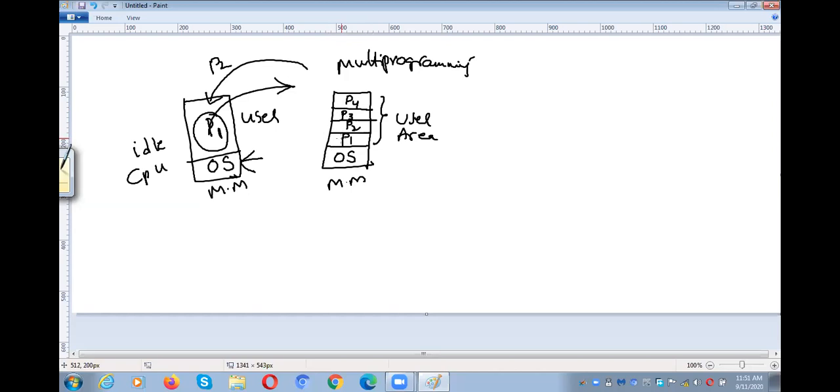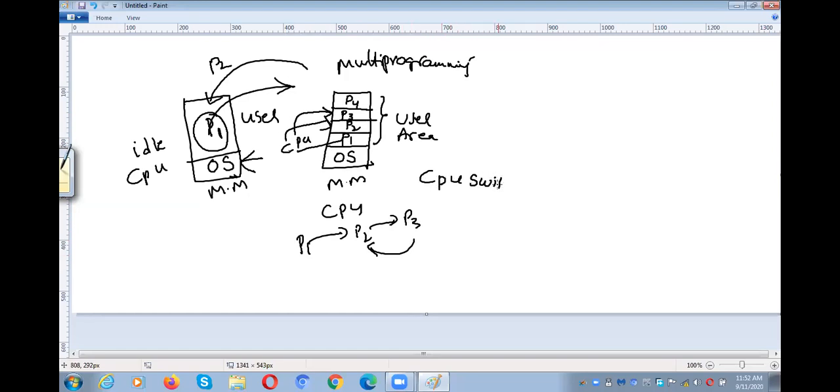If P1 is busy with the printer, CPU is allocated to P2. If P2 is busy with the disk, then CPU is allocated to P3. In that fashion, we switch the CPU from P1 to P2, P2 to P3, and again from P3 to P1. That is called CPU switching.